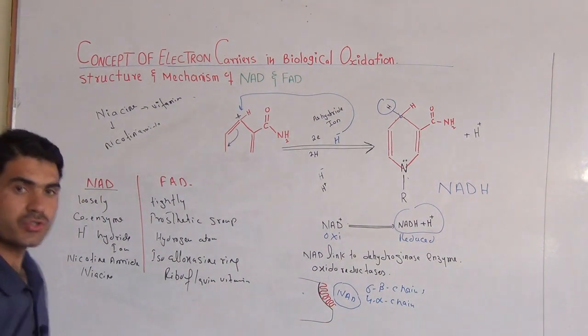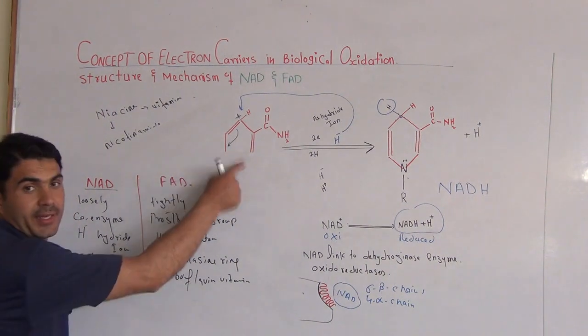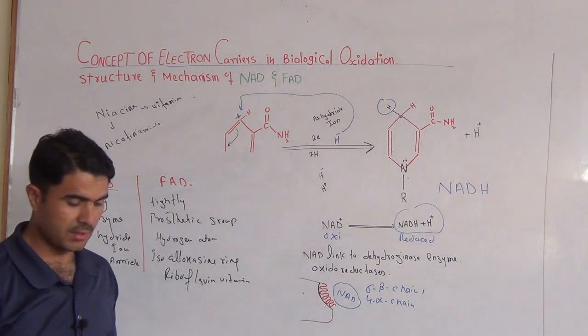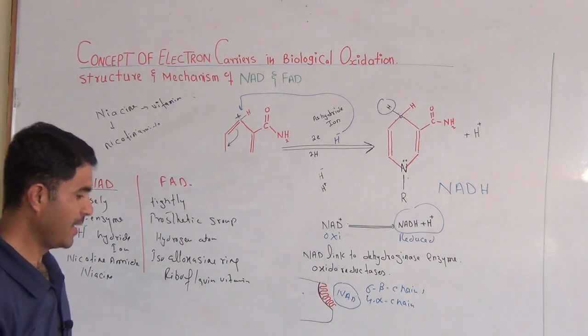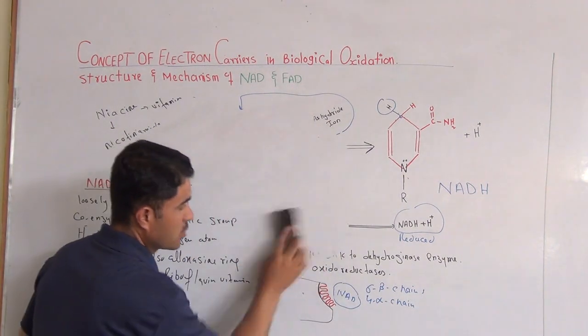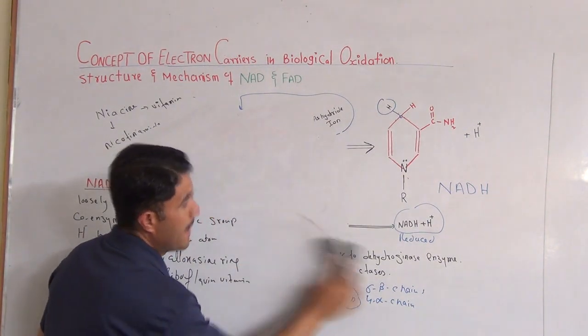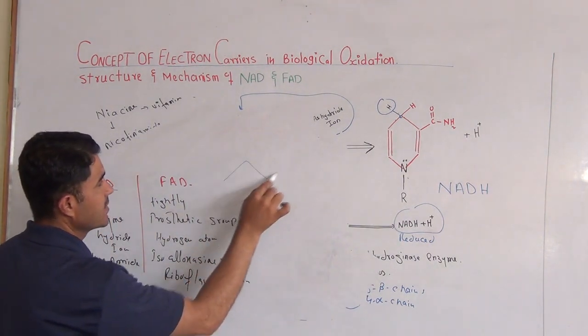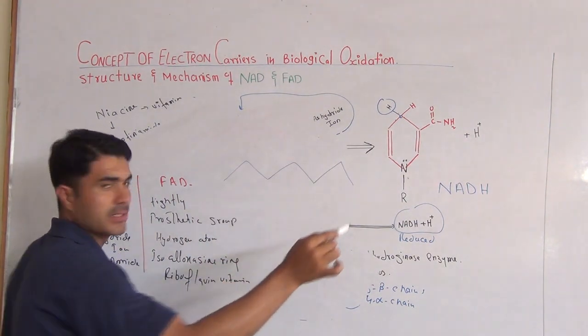And you saw the structure of nicotinamide. You can write the structure of isoalloxazine. This is very, very simple. I'll just tell you how to write the structure of isoalloxazine. You can do like this, I think. Yes, you can.